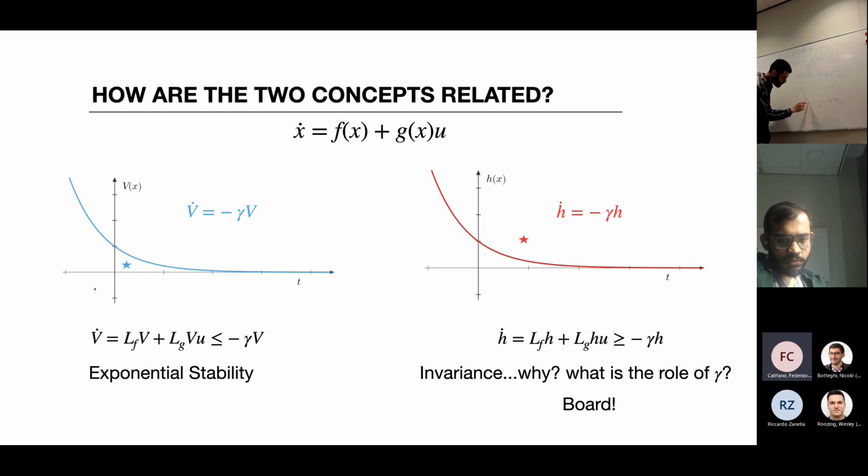You can imagine that if you go slightly inside the interior of the safe set, if the gamma is very, very high, then this is very, very low. It's almost minus infinite. And then the condition says it suffices that something is greater than minus infinite. That's easy. So basically, this condition is always satisfied.